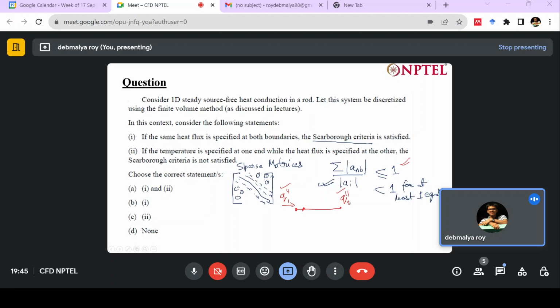We have already covered the finite volume method, but physically you can see that these two heat fluxes at both ends must be equal. Why? Because there is no energy storage happening inside this domain. Whatever heat is coming in must get out. This is also called steady state.